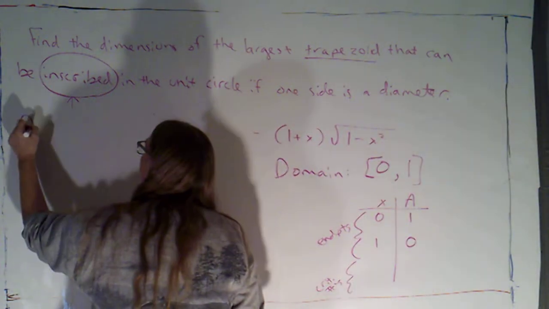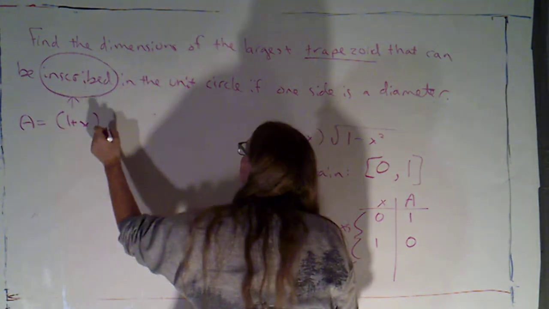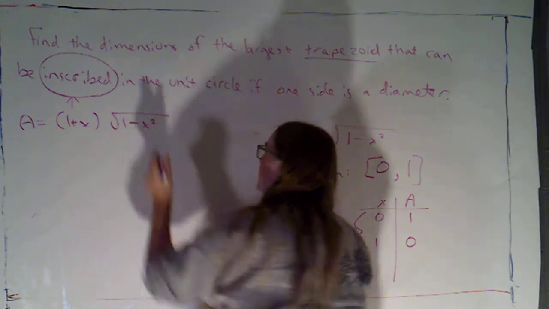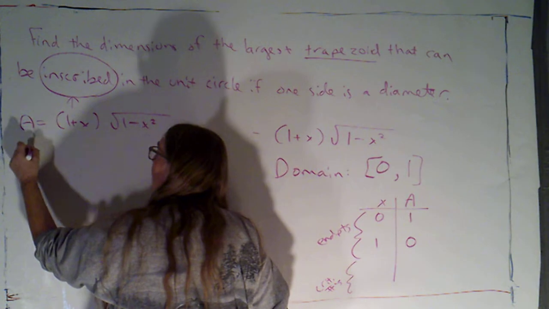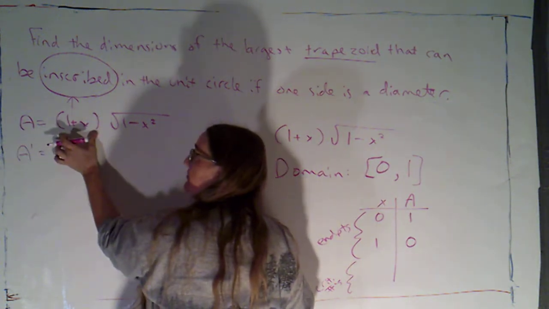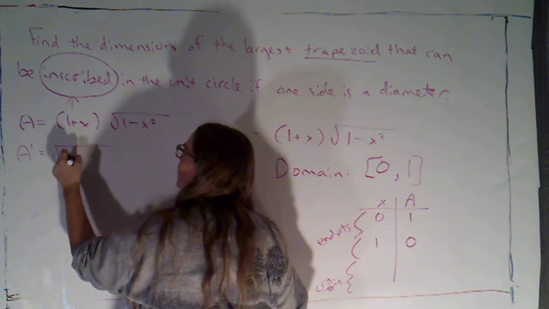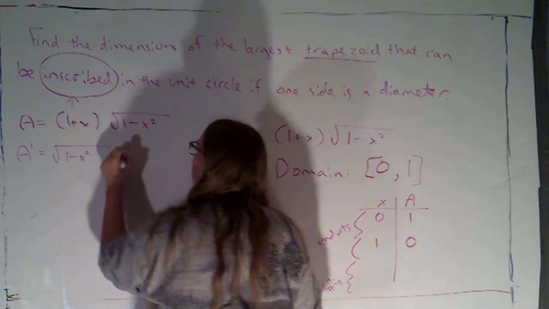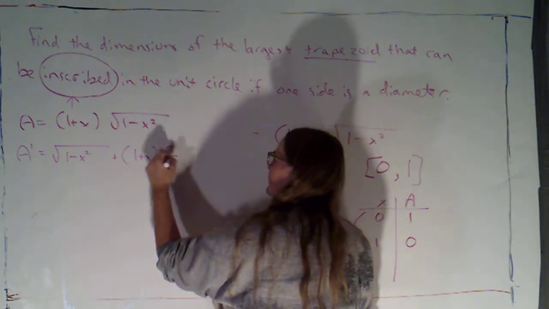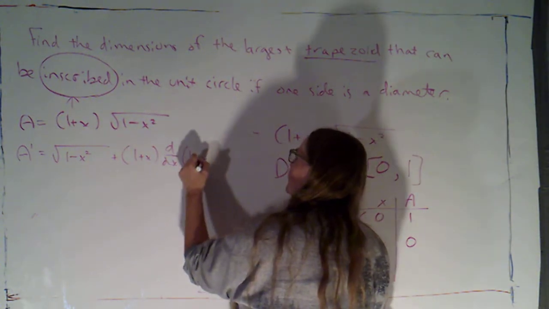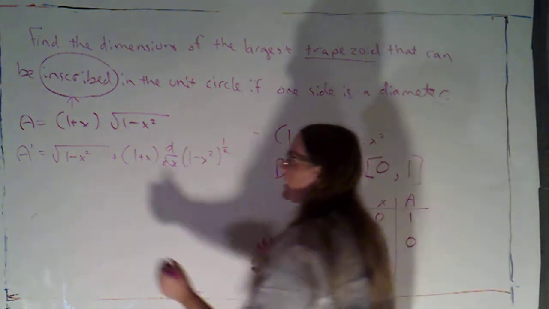So if the area was 1 plus x times root 1 minus x squared, looks like we're going to be using the product rule. So A prime is going to be the derivative of 1 plus x, which is just 1, times root 1 minus x squared, plus 1 plus x times the derivative of this, and I think I want to rewrite that as the 1/2 power to make that a little easier to calculate.